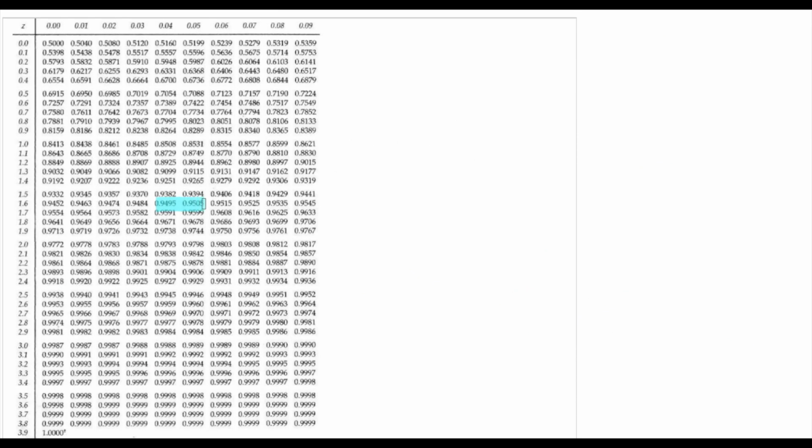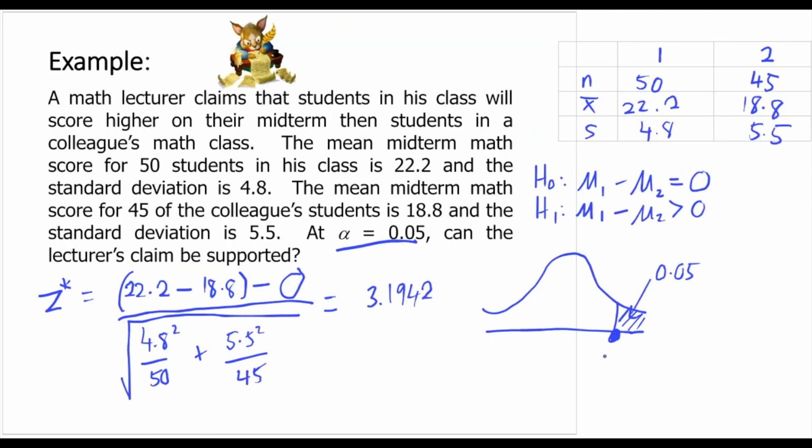We have these two values, 1.64 and 1.65. You could take either one of these values. So I'm going to take 1.65 as the critical point. And what's the next step? Yes, we are comparing the test statistic with the critical point. So this definitely falls somewhere in the rejection region.